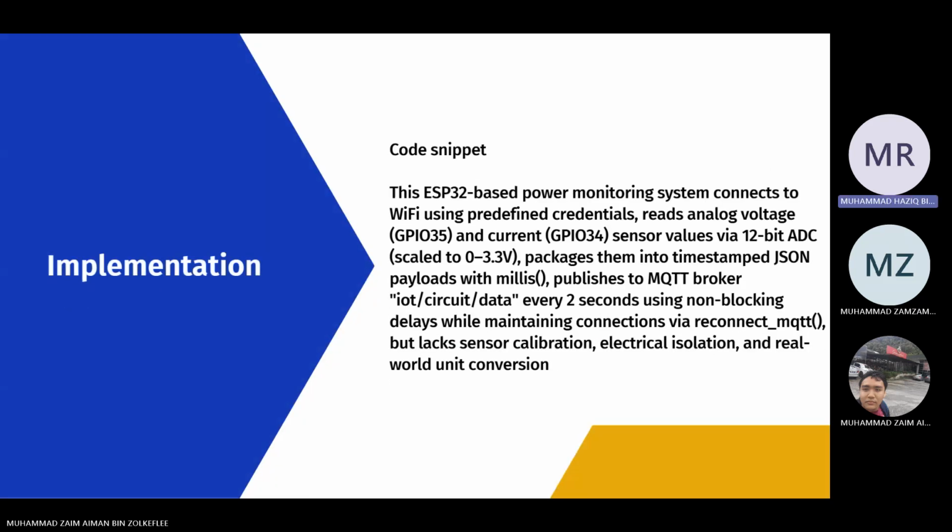So I will explain the code. Basically, the ESP32 based power monitoring system connects to Wi-Fi using predefined credentials, reads the analog voltage sensor value on GPIO 35 and the current sensor value on GPIO 34 via the 12-bit ADC, scaled to 0 to 3.3 volt. It packages them into a timestamped JSON payload and publishes to the MQTT broker on the topic IoT/circuit/data every 2 seconds, using non-blocking delay while maintaining the connection via MQTT reconnect.